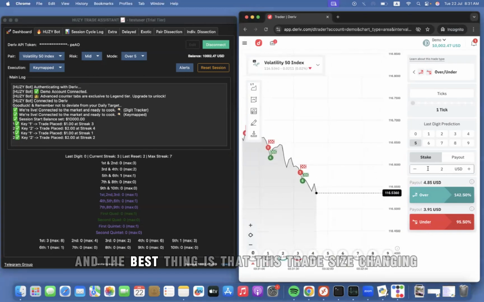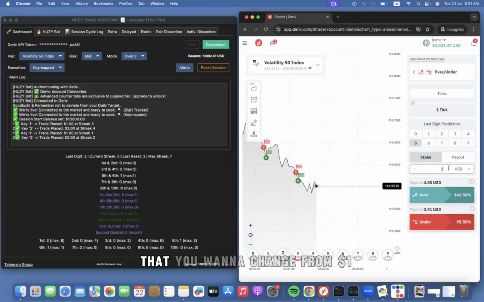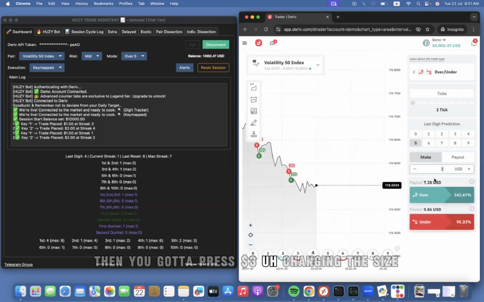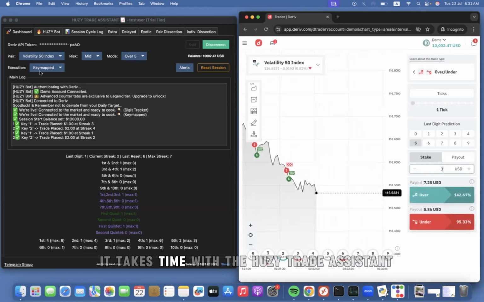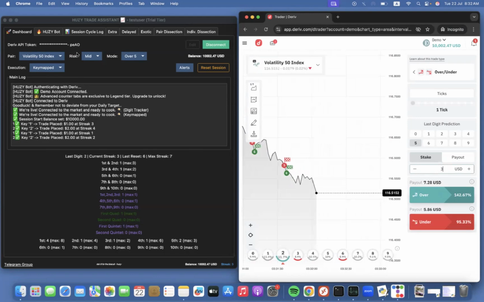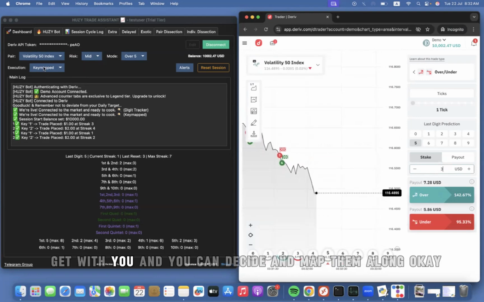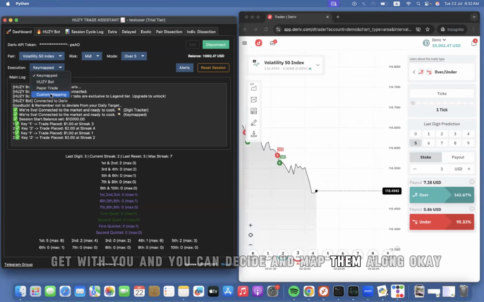And the best thing is this trade size changing. You want to change from $1, then you have to press $2, then $3. Changing the size takes time. With the Huzi Trade Assistant, all of these things are with you and you can decide and map them along.